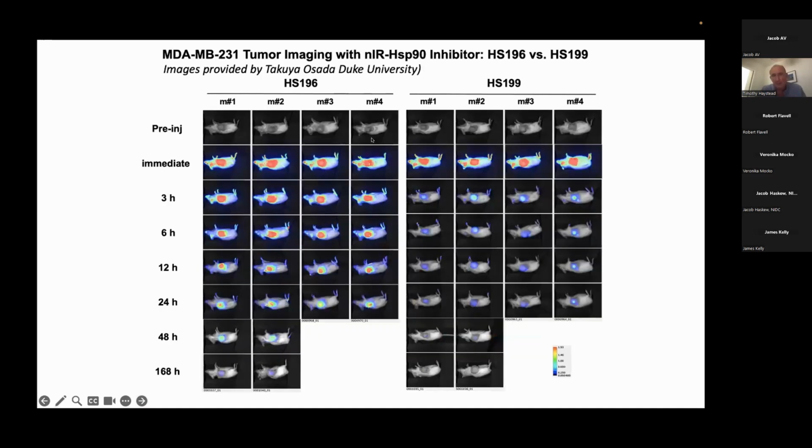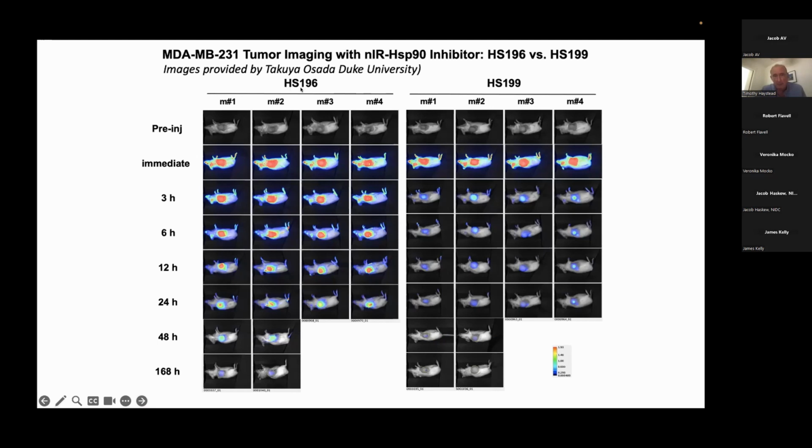We then proceeded to move this down a clinical path and towards an IND. I'm glossing over a lot of things, obviously, but we made some inactive analogs and looked at the pharmacokinetics in mice with our colleagues at the Lyerly lab and with Takuya Asada, who did this work, in which we injected the active form. This is called HS196.